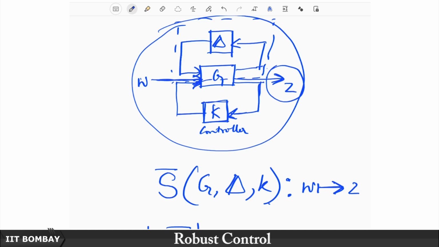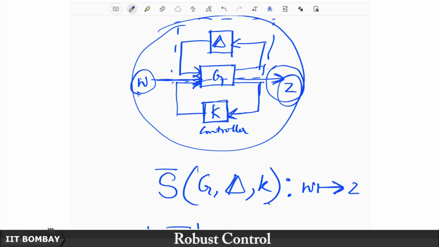All those signals like the disturbance and noise would be stacked up as a vector in W, and the Z would potentially contain signals like the error, the steady state error, the error between the reference and the output. So we want to minimize the effects of these disturbances and noises on the error, so that we get perfect tracking. That is what the tracking problem is.